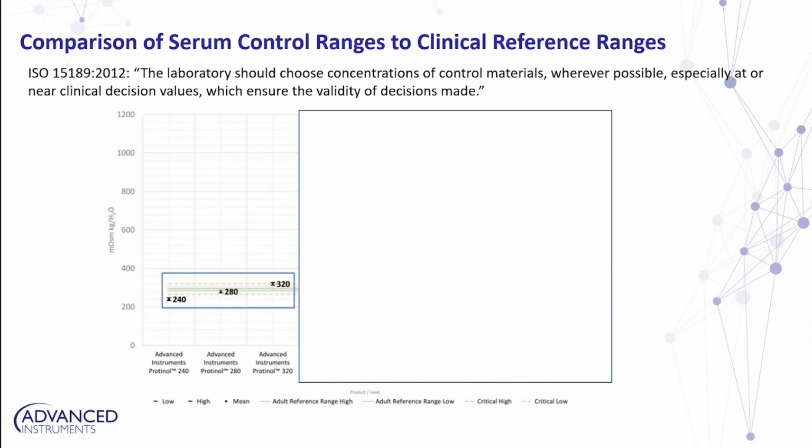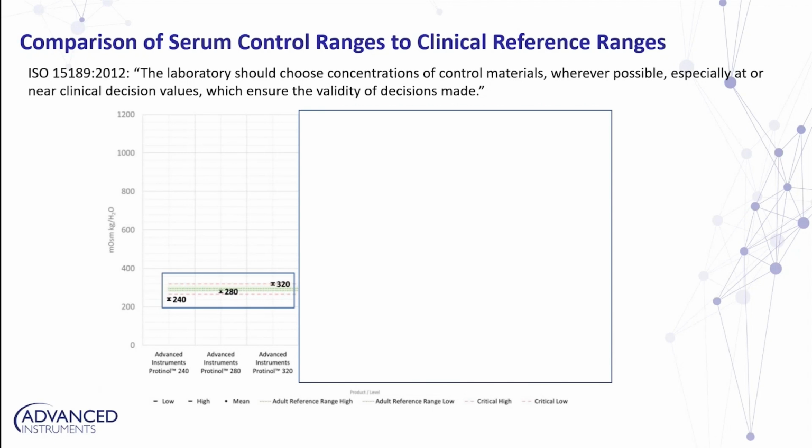Following the regulations and guidelines previously outlined, an ideal serum control should mimic patient specimens and provide values at medically relevant decision points. For controls used with osmometers, the requirement to provide values at medically relevant decision points is unfortunately not universally met.